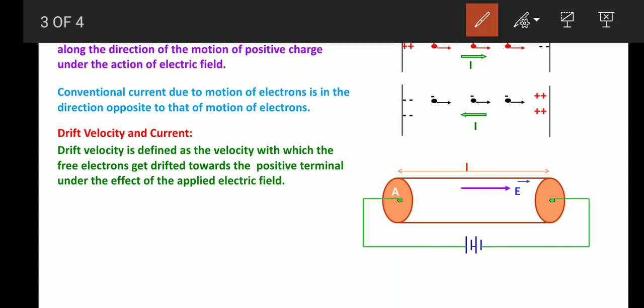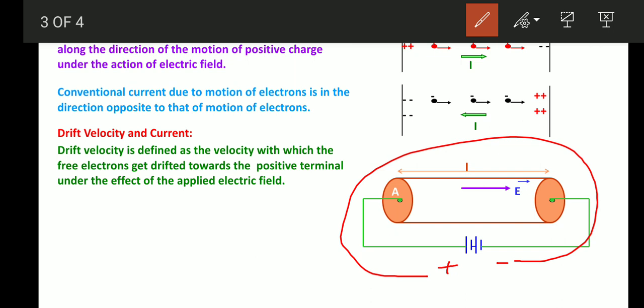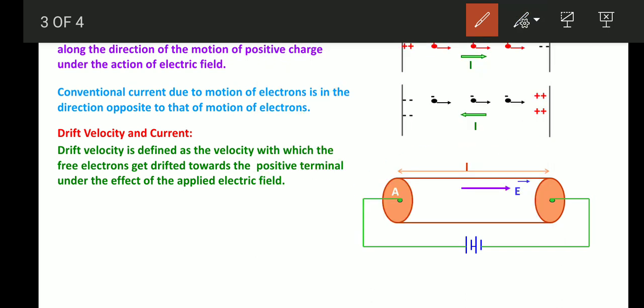In a battery, two parallel lines are drawn, one longer and the other shorter. The longer line represents the positive terminal and the shorter line represents the negative terminal. The electric lines of force always act from positive to negative, so the direction of the electric field will be in this direction.